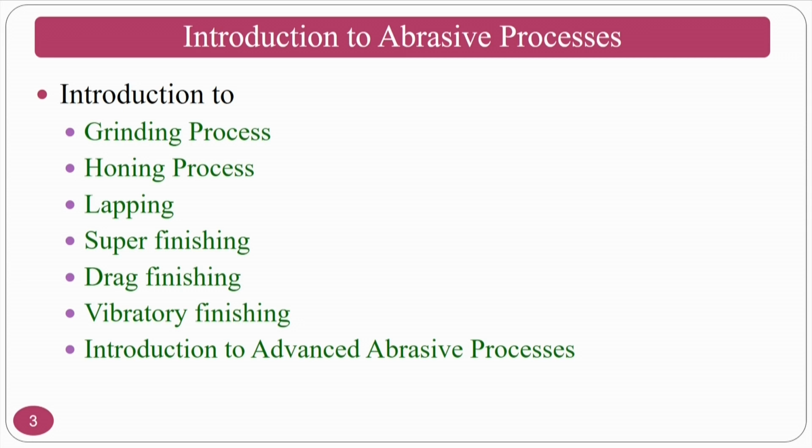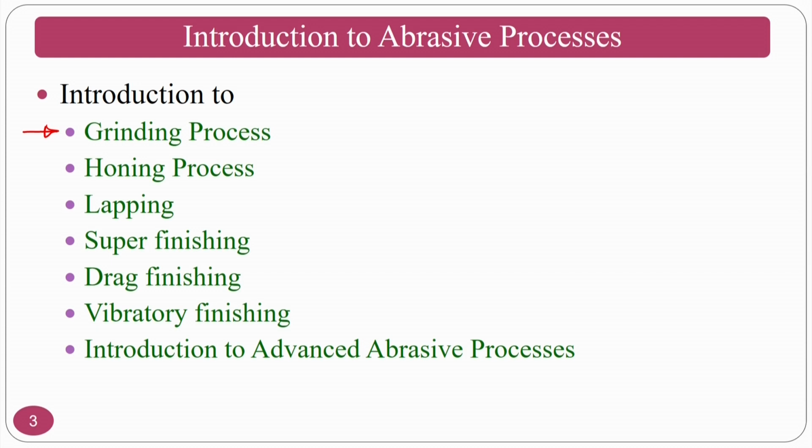In abrasive processes, the most common example of the abrasive finishing process is the grinding process. That's why we talk in depth about the varieties, advantages, types and all those things of the grinding process.